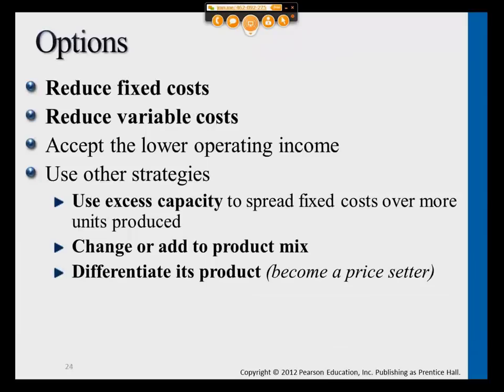Done? Okay, so we have some options. We can reduce our fixed costs, we can reduce our variable costs, great. Makes sense, right? To reduce some costs. We can also accept a lower operating income.